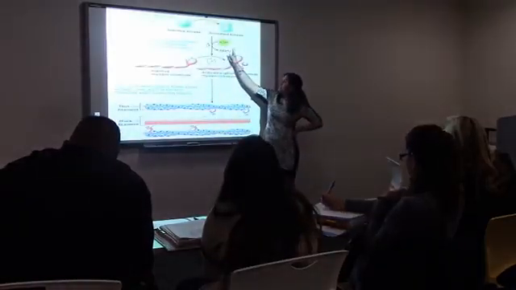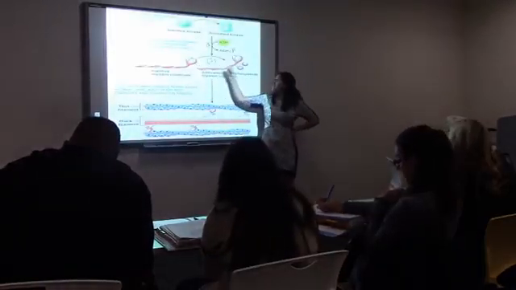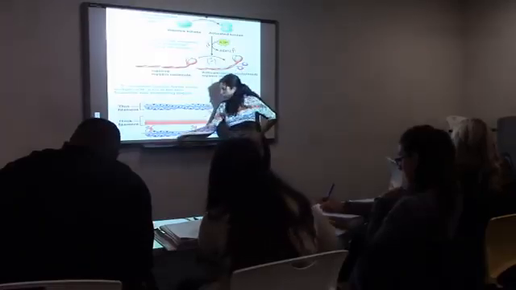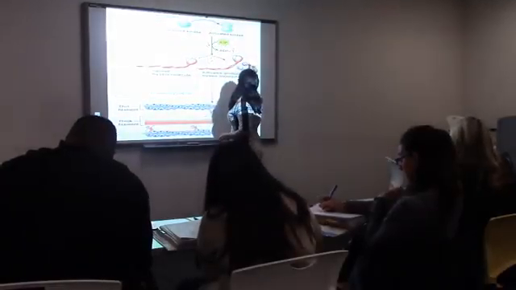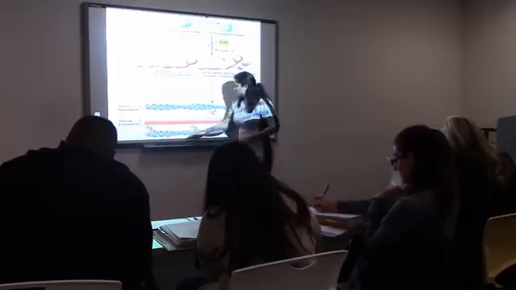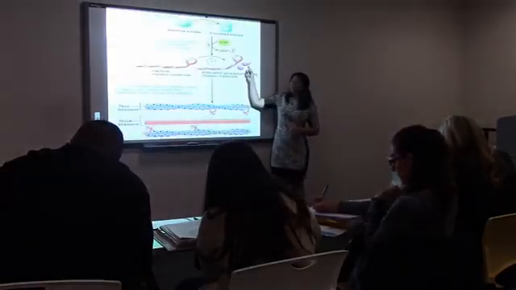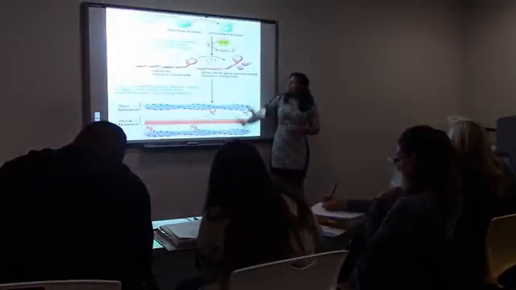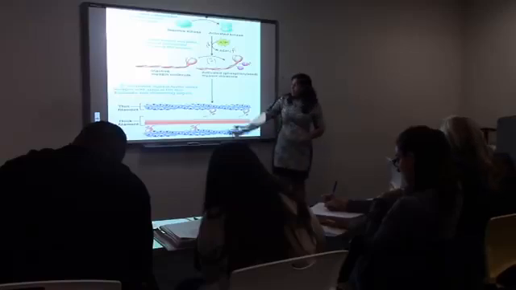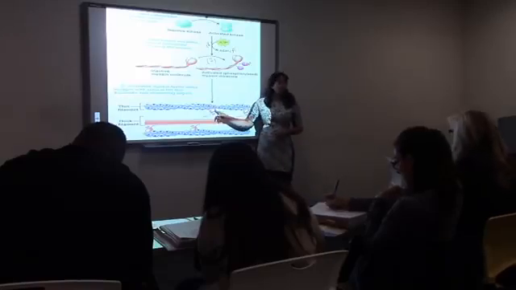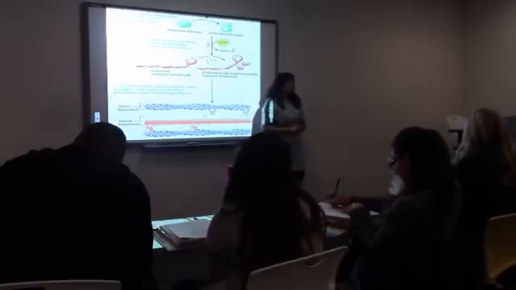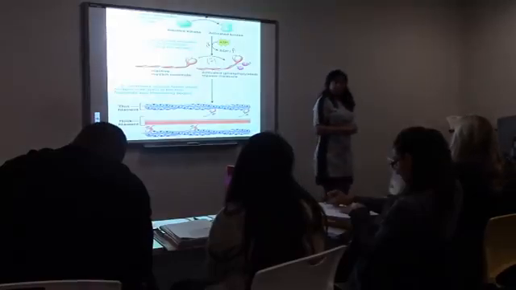This ADP and Pi are now placed on myosin. So now myosin has energy. Myosin now has ADP and Pi, and it will form cross bridges, and a power stroke will occur.